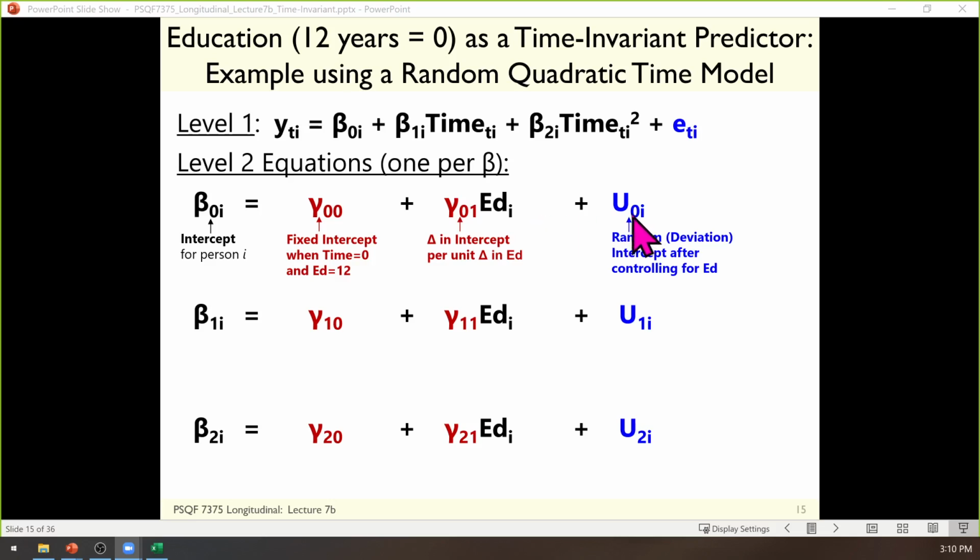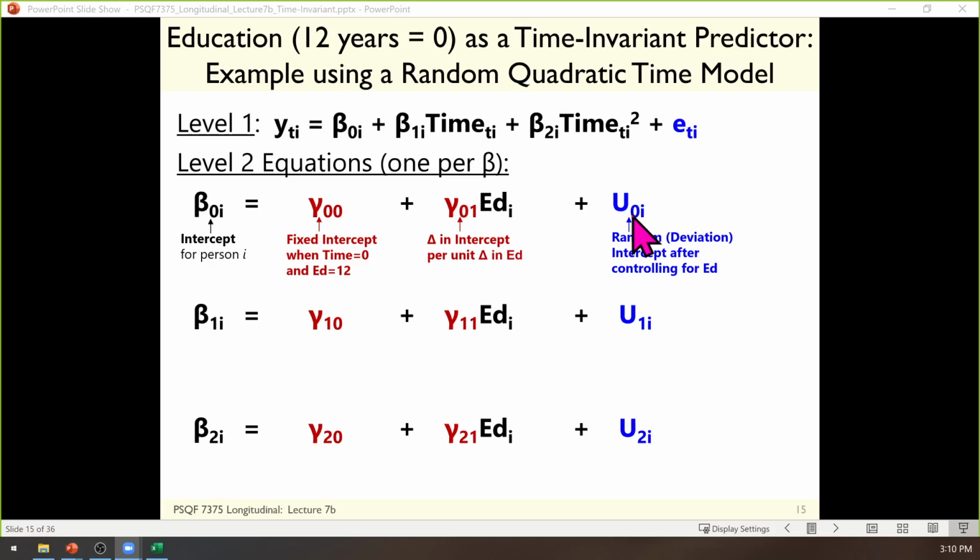U0 then. Same idea, slightly different take. Previously, without education in the model, U0 would have been how far off my intercept is from the fixed intercept. Now U0 is how far off my intercept is from the intercept predicted by education for me. So this model says that everybody who has 12 years of education has the same intercept.